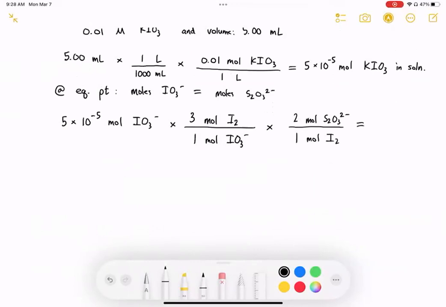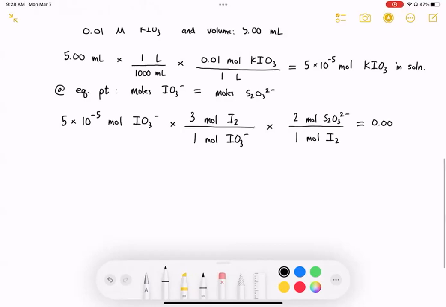So if we just solve that, we'll find our moles of thiosulfate that was used to react with iodate. Okay. So now let's go over the calculation again. We get times 3 times 2, so times 6. So we get 0.00003 moles thiosulfate.